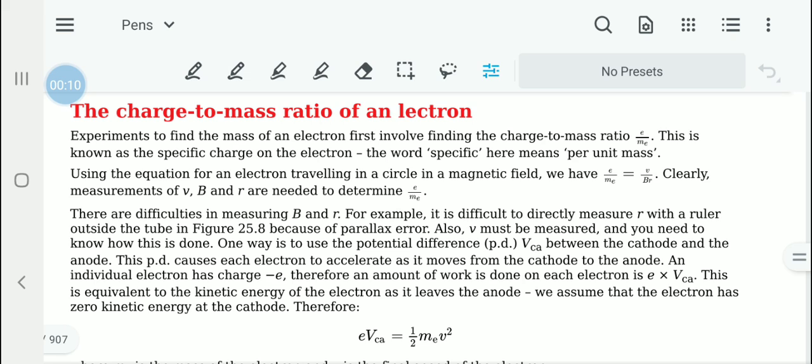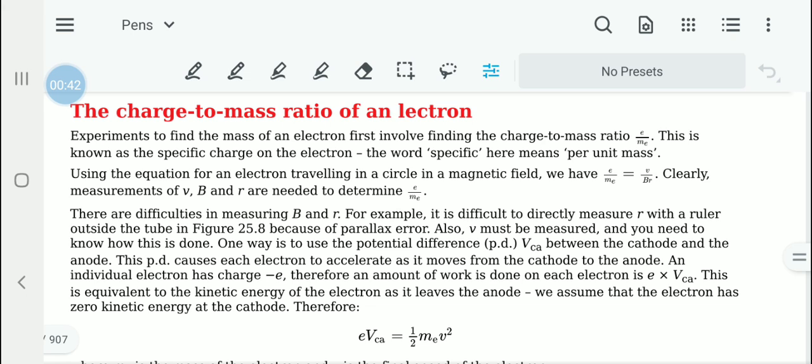Now we know that an electron is a very tiny packet of energy. To find the charge to mass ratio of an electron, that is e upon me, this is going to be the specific charge on an electron.